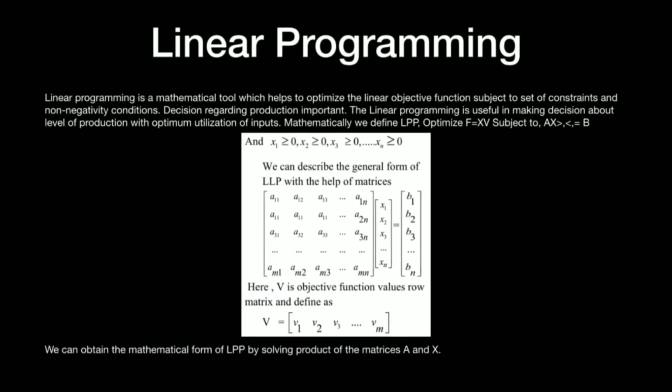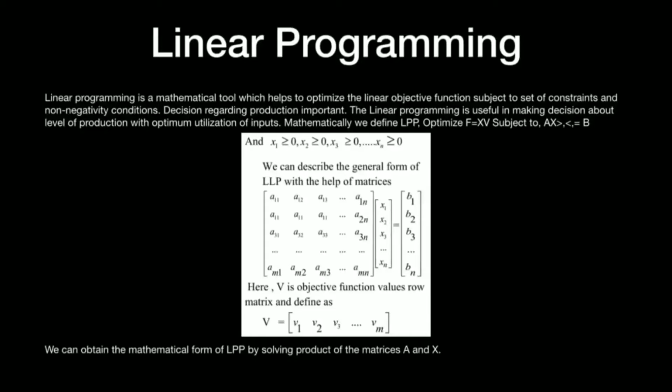Next, linear programming is a mathematical tool which helps to optimize a linear objective function subject to a set of constraints and non-negativity conditions. Decisions regarding production are important. Linear programming is useful in making decisions about the level of production with optimum utilization of inputs.